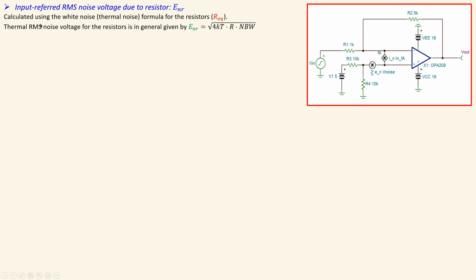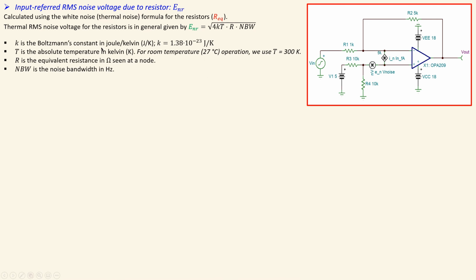The thermal noise voltage for the resistors is in general given by this expression, the square root of 4kT times the resistor in question times the noise bandwidth. Here K is the Boltzmann's constant, which is this value, and T is the absolute temperature. For room temperature operation, let's say 27 degrees, that will be 300 kelvins.